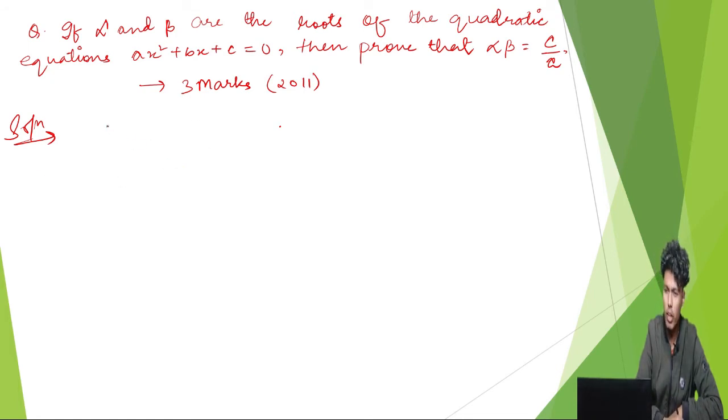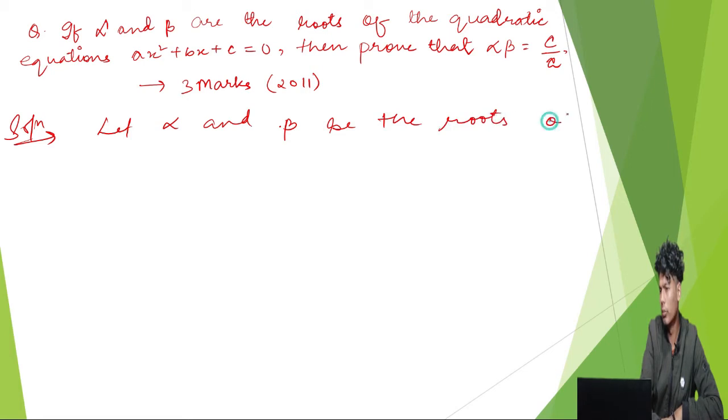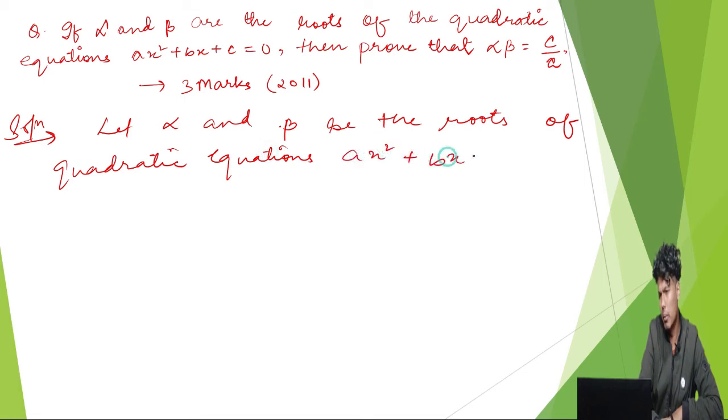So let alpha and beta be the roots of quadratic equation ax square plus bx plus c equal to 0.